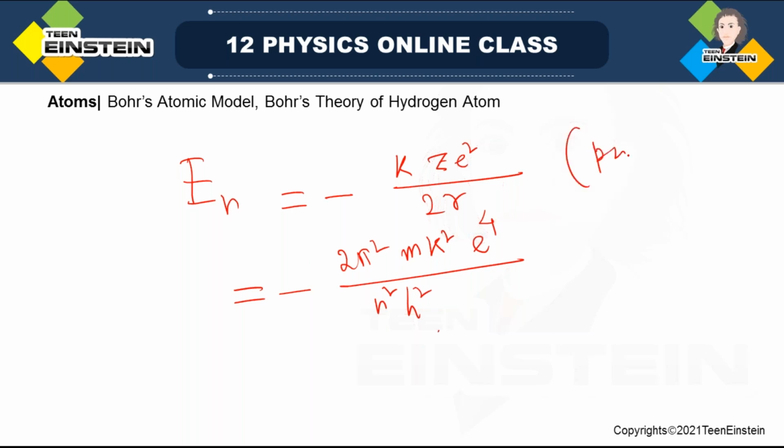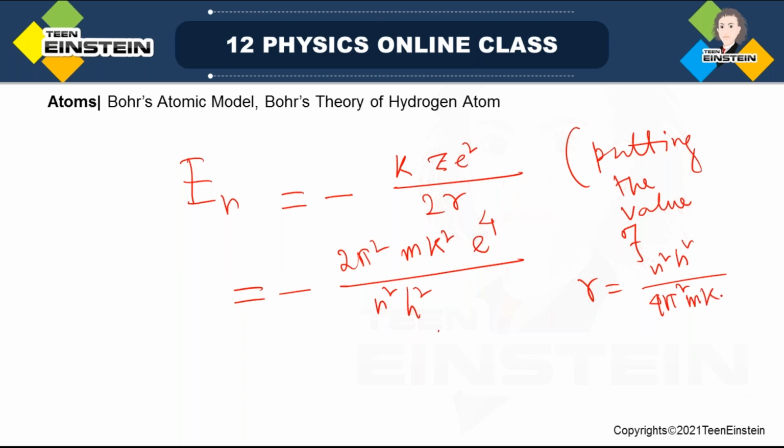So we are putting the value of r. What is r? We know the expression for r: r is equal to n square h square divided by 4 pi square m k e square.